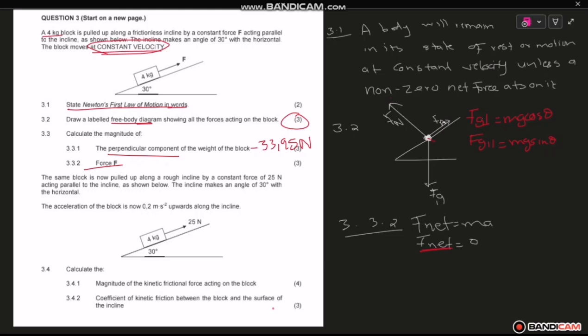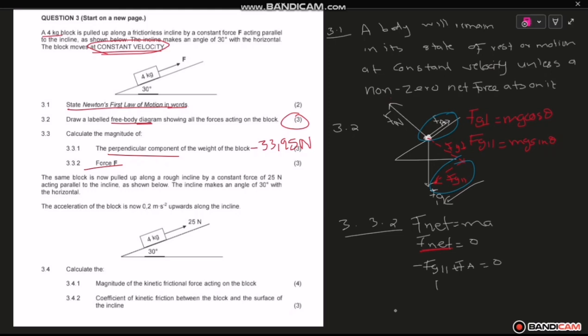Before you can do that, you must show the components of Fg perpendicular and Fg parallel. So this is where it's showing us Fg parallel. You can see that Fa and Fg parallel are parallel to the direction of motion, these two. So Fg is down the incline, it will be negative: negative Fg parallel plus Fa equals 0.